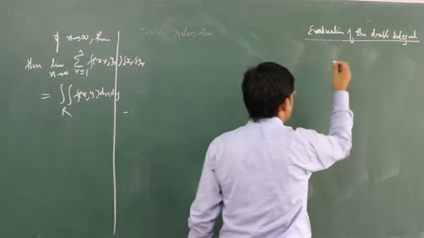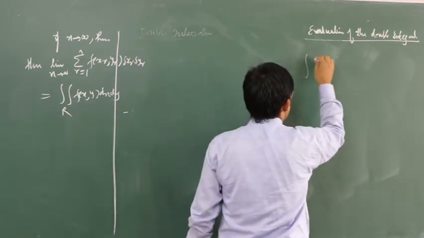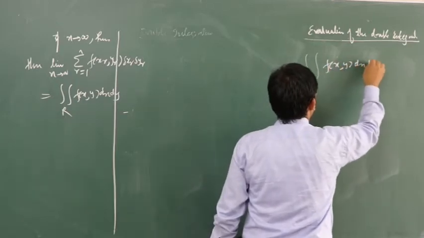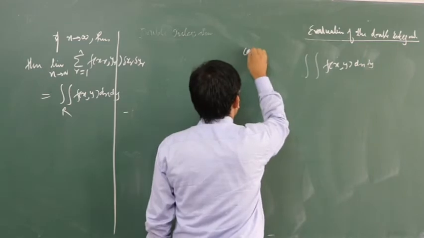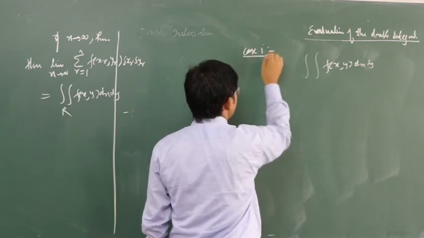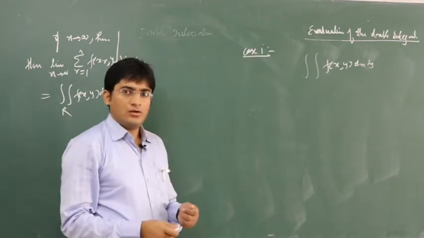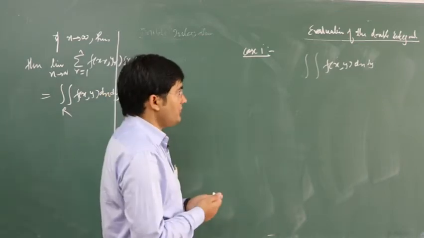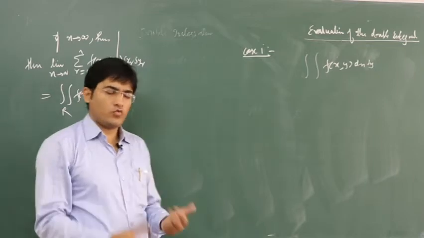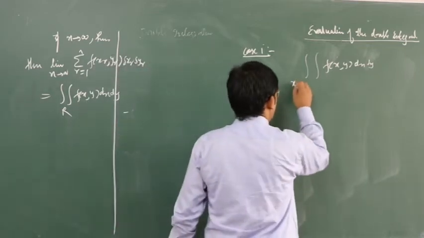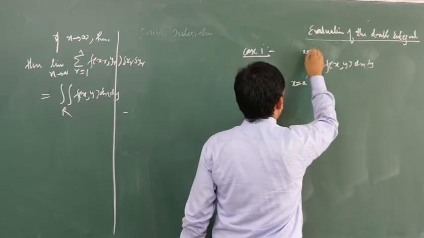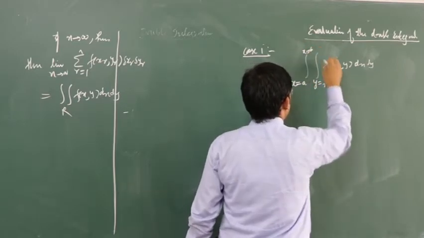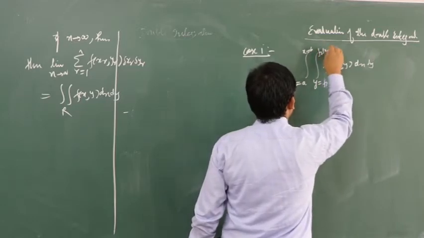Now consider the double integral of f(x,y) dx dy. This is your case 1. In this case, let us assume that the limits of x are constant and the limits of y vary. Say x equal to a to x equal to b, and y varies from some function of x to another function of x.